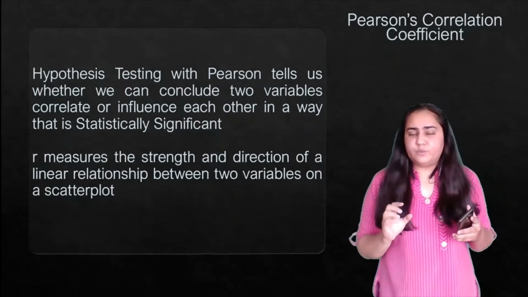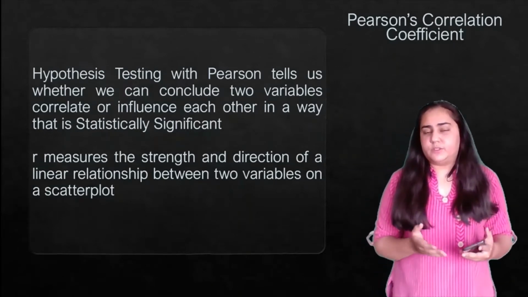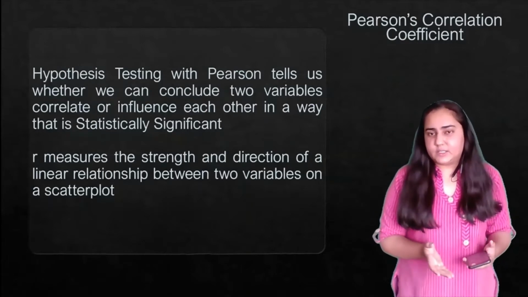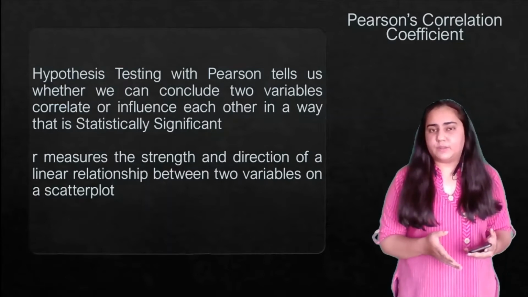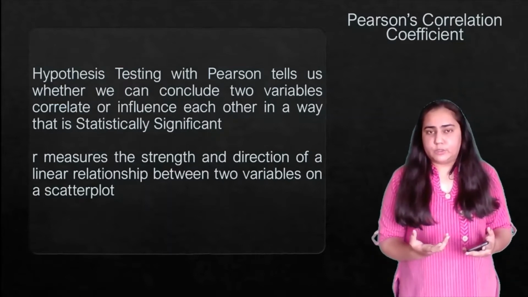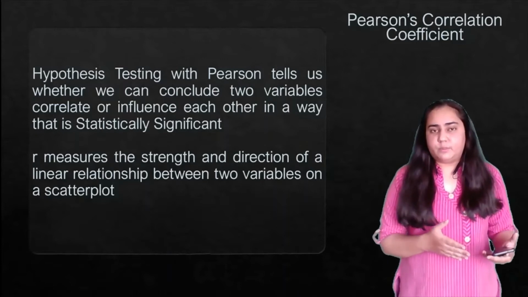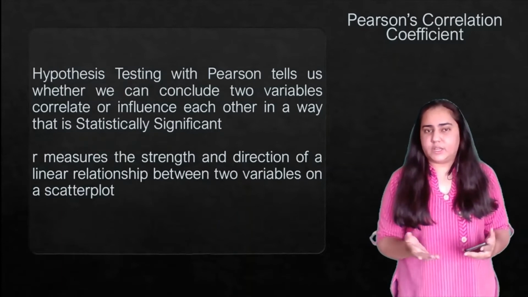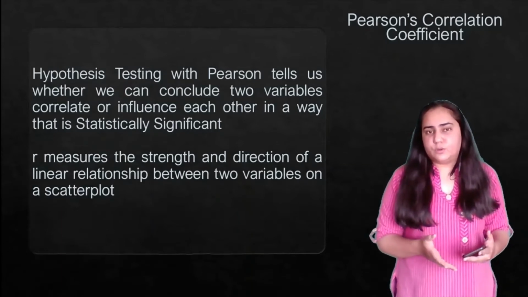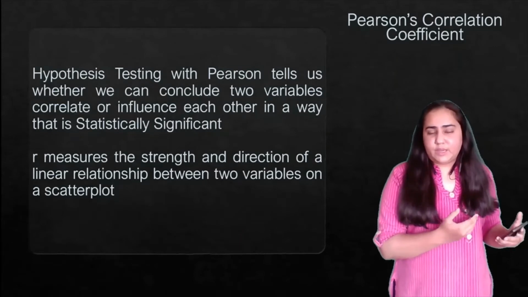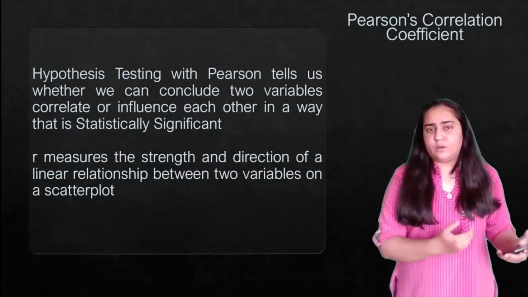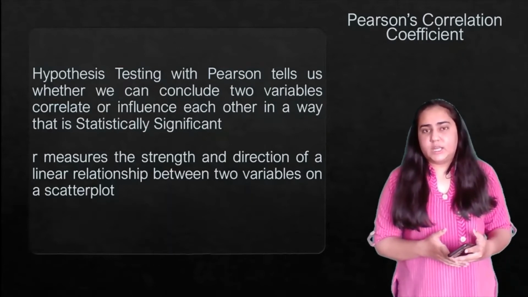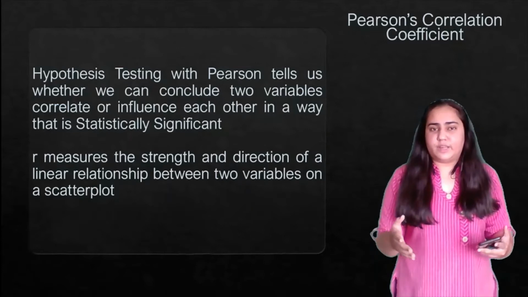When we talk about R, we are not just talking about whether a linear relationship exists. We are also talking about the strength of that relationship, to what extent one variable influences another, and also the direction, which is important because we want to know whether being older means earning more or earning less. So the direction matters, whether it is a positive correlation or a negative one.